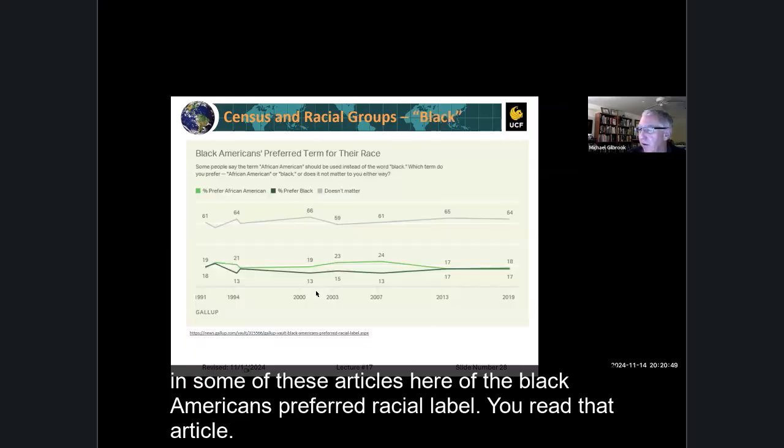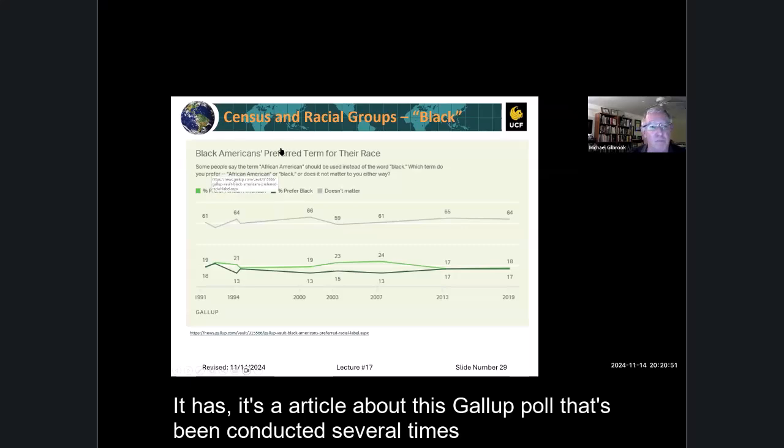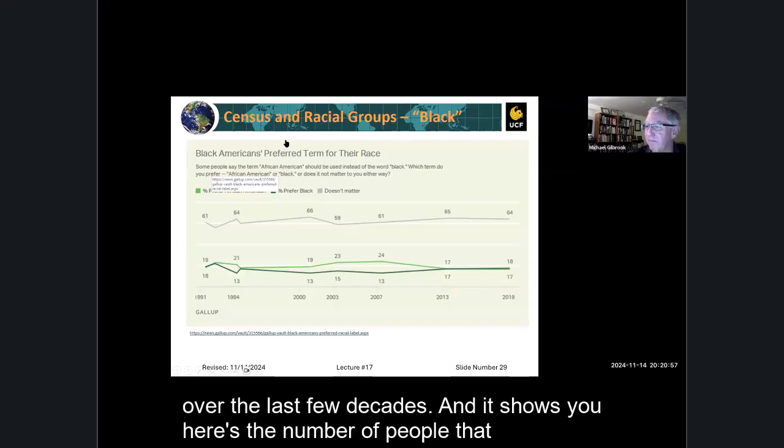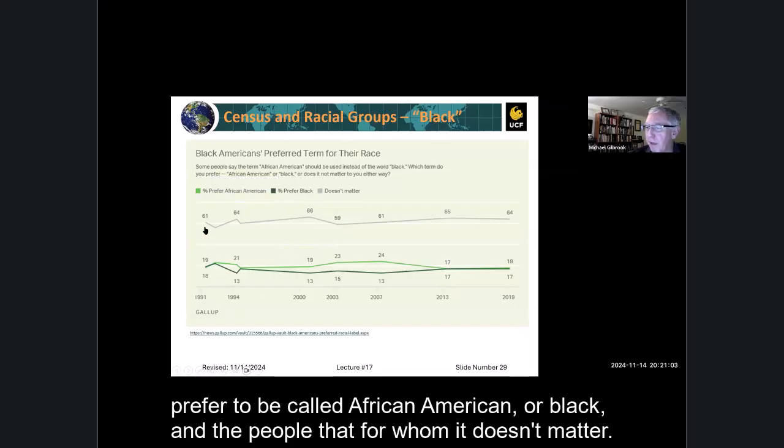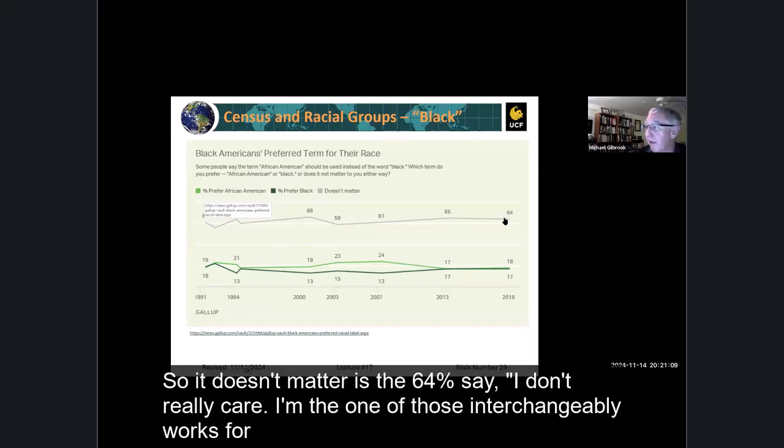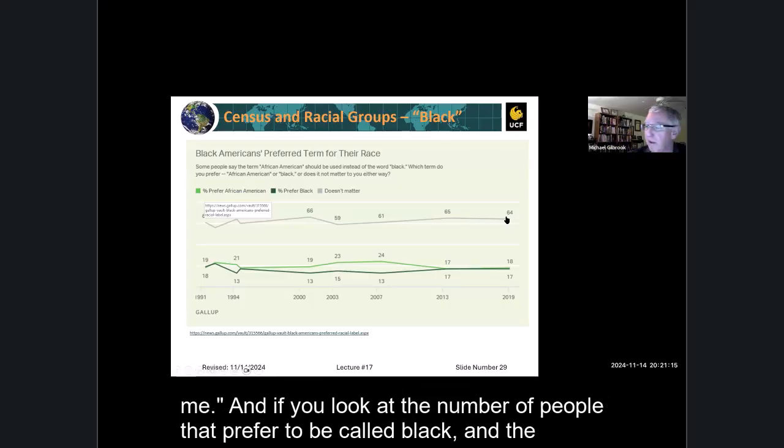If you read that article, it's about this Gallup poll that's been conducted several times over the last few decades. And it shows you the number of people that prefer to be called African American or Black, and the people for whom it doesn't matter. So 64% say, I don't really care, either one of those interchangeably works for me.